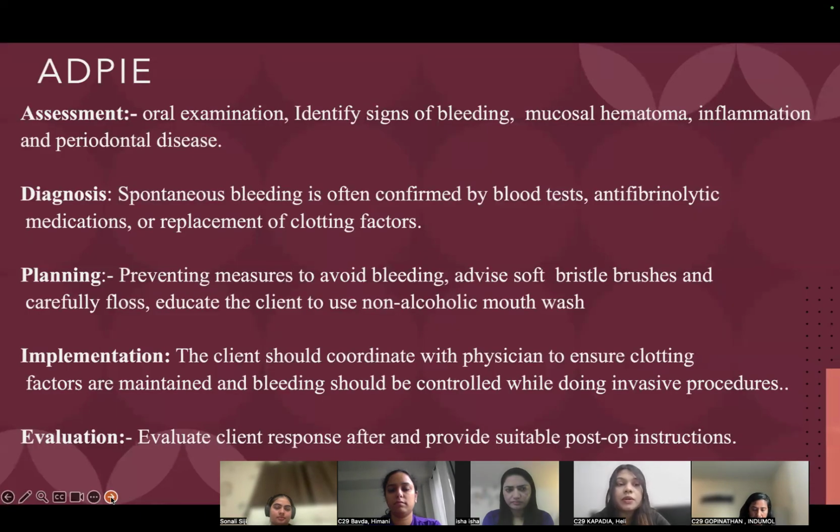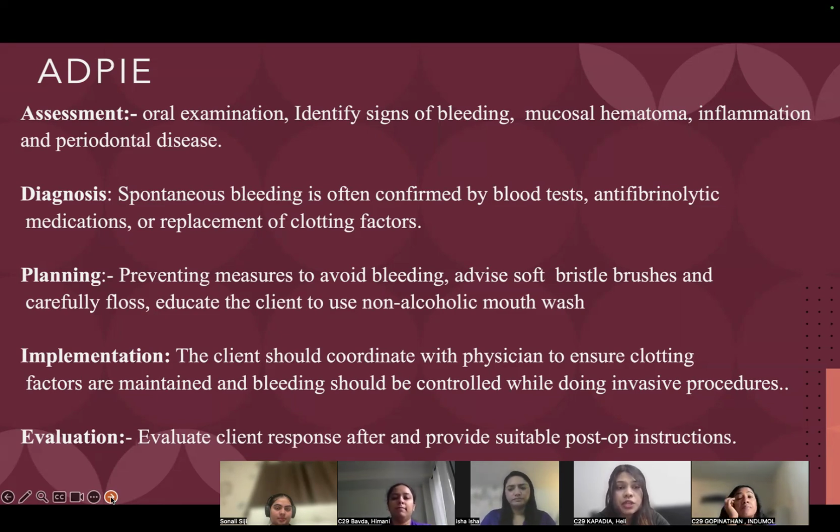Now let's talk about ADPIE. Assessment: oral examinations identify signs of bleeding, mucosal hematoma, inflammation, and periodontal disease. Diagnosis: spontaneous bleeding is often confirmed by blood tests, antifibrinolytic medications, or replacement of clotting factors. Planning: preventive measures to avoid bleeding.